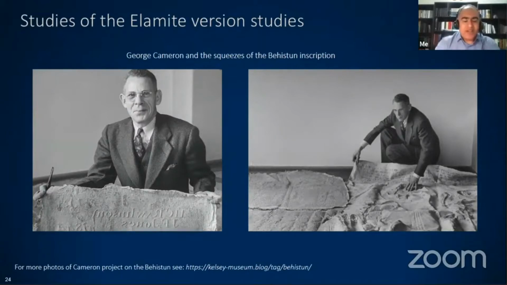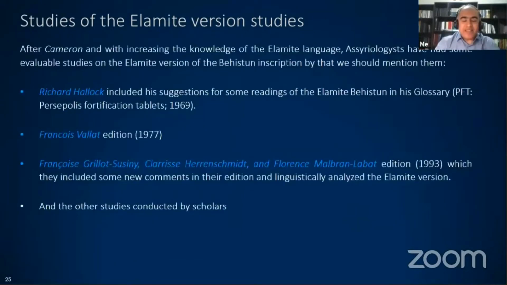Later, Richard Hallock inserted his newly suggested corrections for some readings of the Elamite version in the glossary of Achaemenid Elamite in 1969. In addition, other Assyriologists, such as Francois Vallat, Guillaume Souzini, Heinz Schmidt, and Melbourne Lava, published their editions, including some new readings.